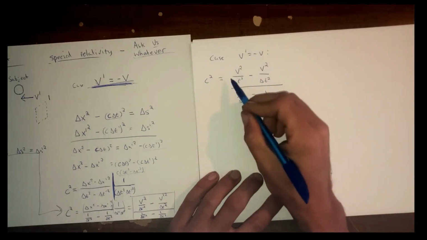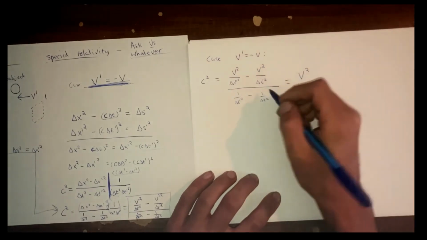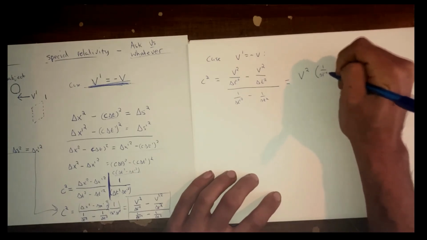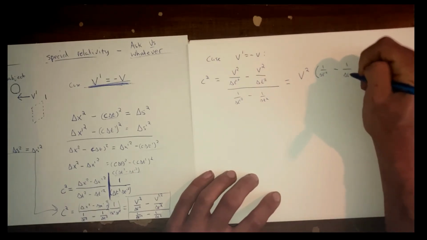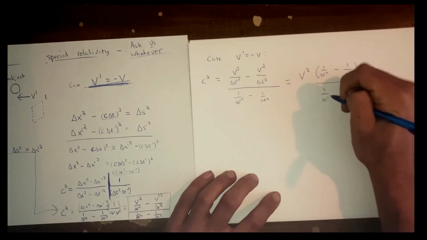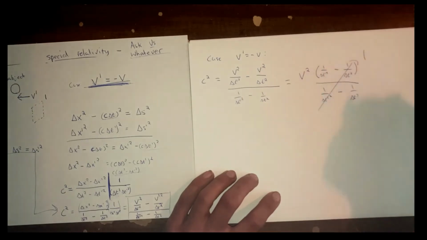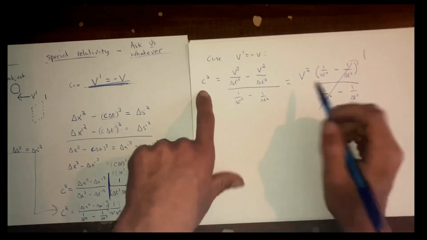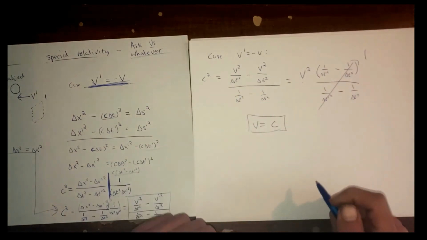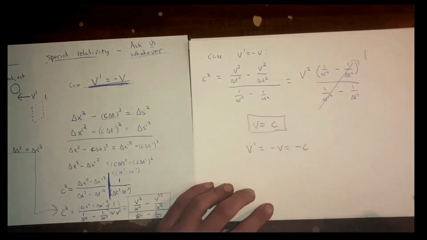But now we can factor out a v squared from the top, leaving 1 over delta t prime squared minus 1 over delta t squared, all over 1 over delta t prime squared minus 1 over delta t squared. But that stuff cancels out and goes to 1. So we get c squared equals v squared, which means v would have to be equal to c in this case. In other words, v prime is equal to negative v, equals negative c.